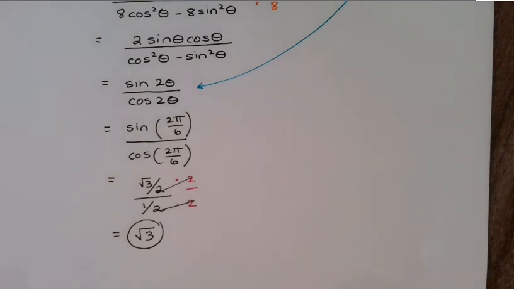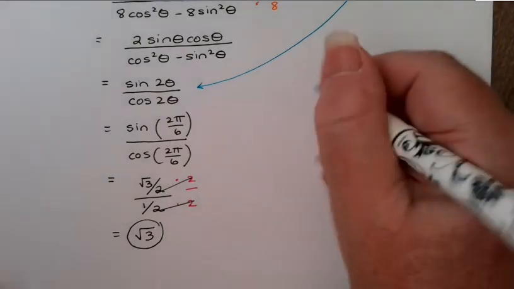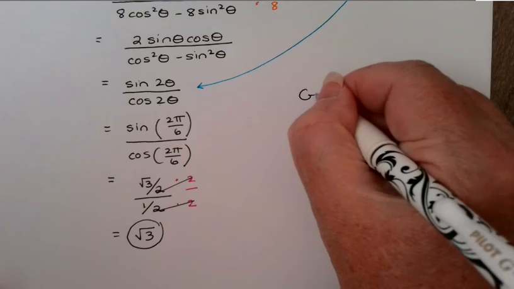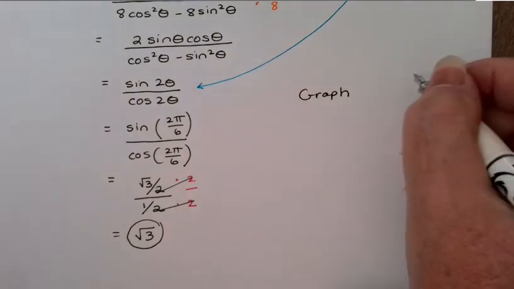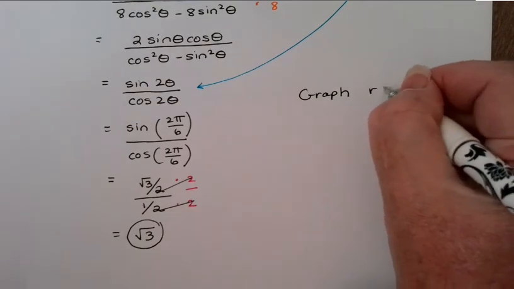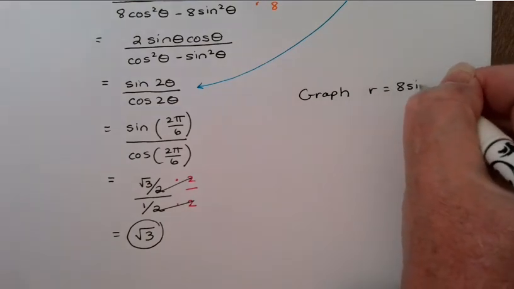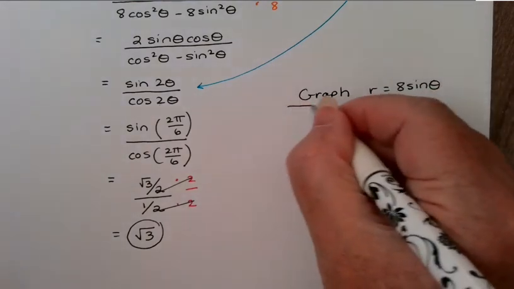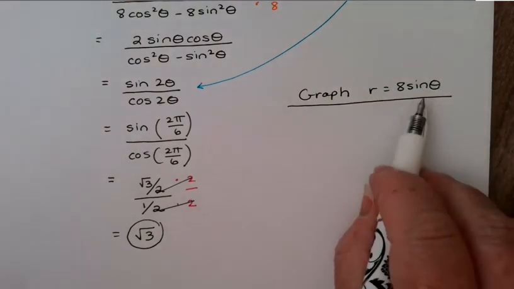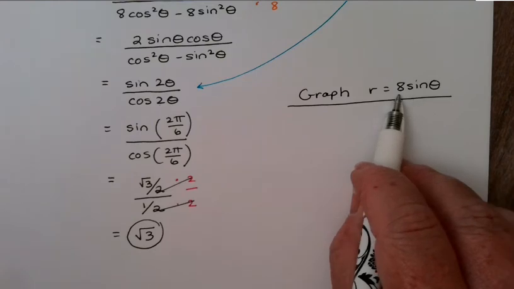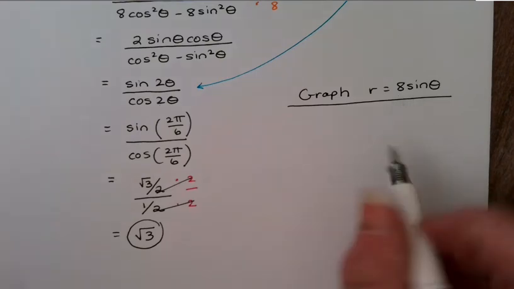This function is actually one that we talked a little bit about graphing at the end of 10.2. If you remember, or if you can look it up, or if you can use a calculator, right? The graph of r equals 8 sine theta is just a circle. It's centered on the y-axis with a diameter of 8.